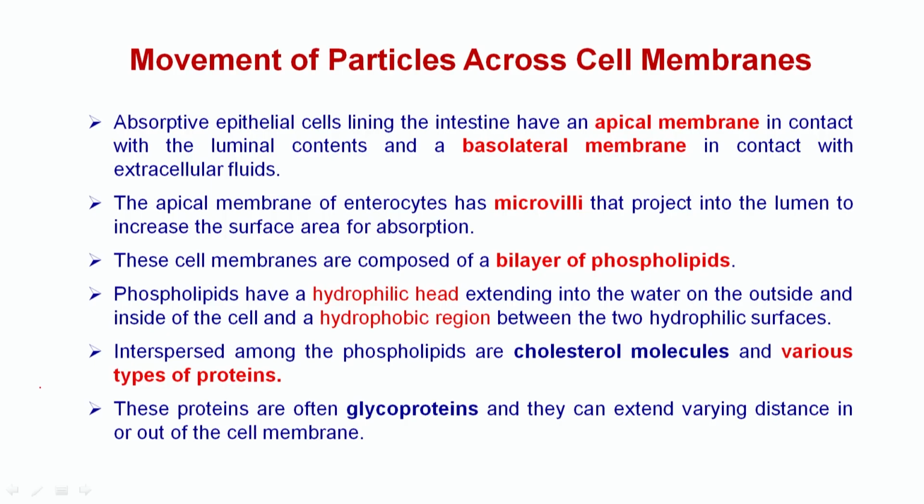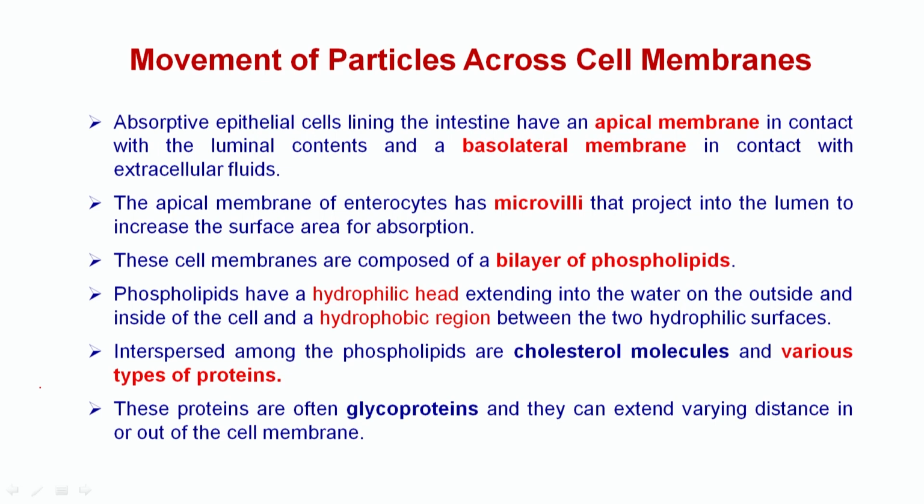So now, just in the last class, we have seen how nutrients are being digested and absorbed. Now these absorbed nutrients need to be transported through the cell membrane to the site of utilization for the different functions.